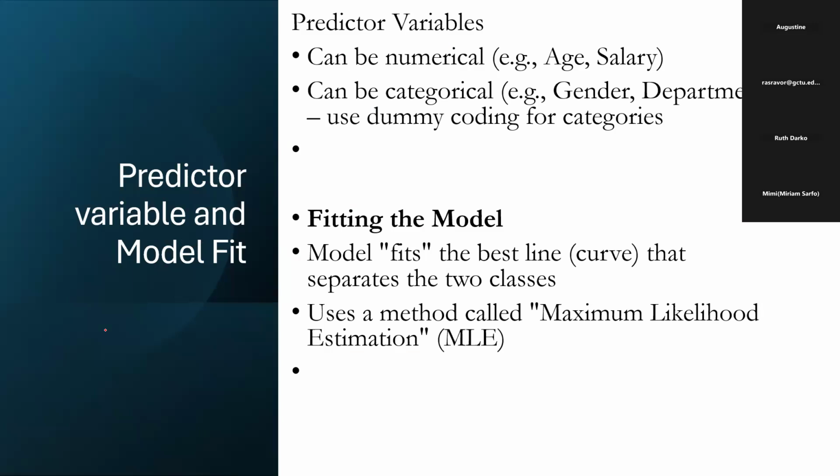Give me an example of a predictor variable that is continuous. Mr. Kennedy, an example of a predictor variable that is numeric.